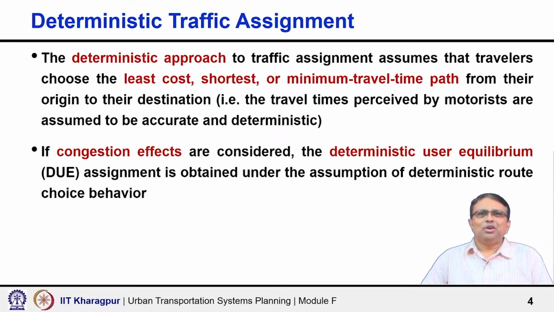So, when we talk about user equilibrium under this deterministic condition, we are obtaining it with the assumption of deterministic route choice behavior, and as I said earlier, the travel time perceived by motorists is assumed to be accurate and deterministic. That is again an important thing to remember.